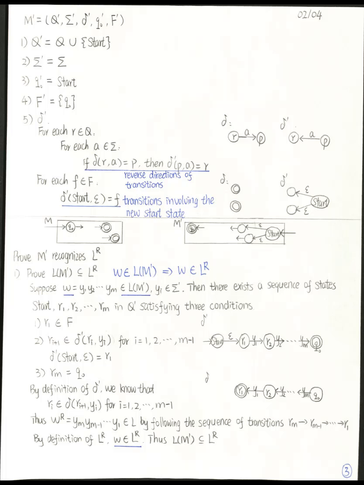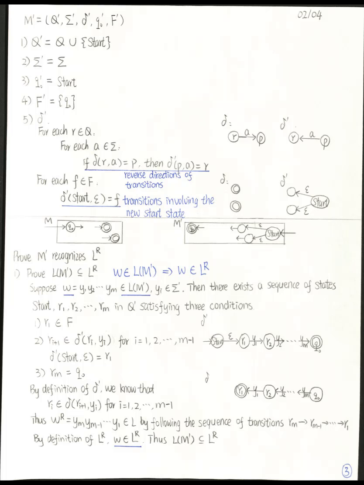So if I'm at the state Ri plus 1 and I read the symbol Yi, I should reach the state Ri. So the transition becomes a start from Q0 after reading those symbols ym minus 1 backwards.